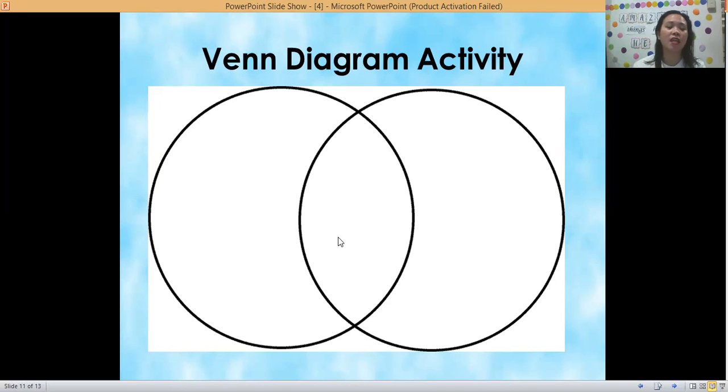For this activity, you can write it in your notebook, in your whiteboard, or in your bond paper, or you can search in Google for a Venn diagram and print it, okay? You have a lot of choices, so you can choose whatever you want to use.